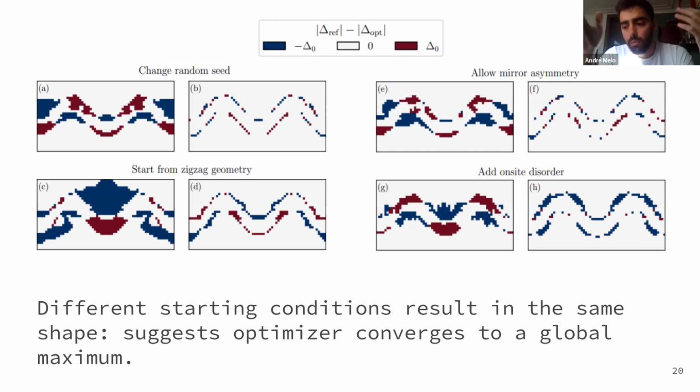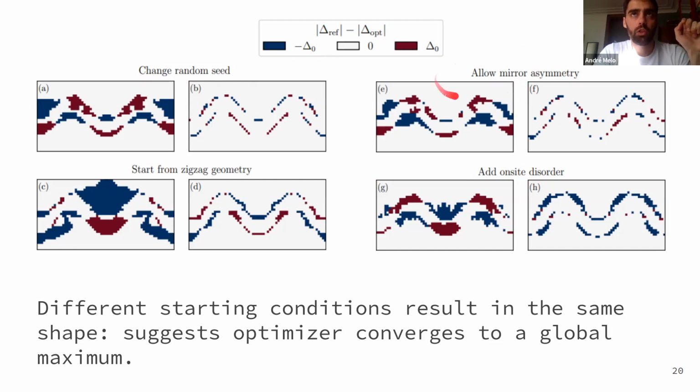But if we run the optimization in different ways and we still converge to the same shape, then it's more likely that we're finding a global maximum, or that at least we're finding a good maximum. And so we introduce 4 variations in the simulation, and we find that they all converge to the same shape. So first, we change the random seed.